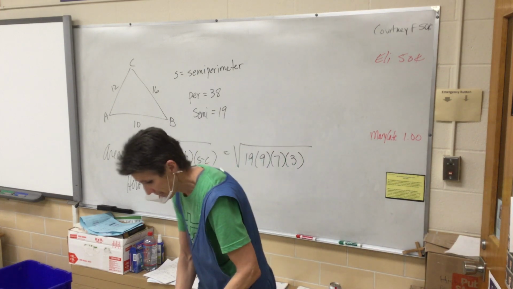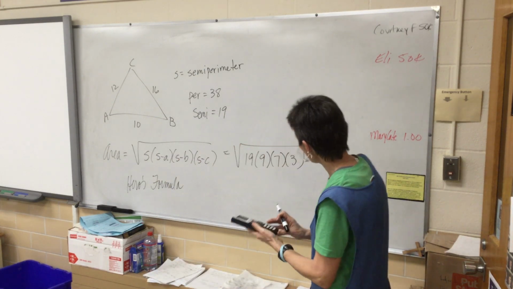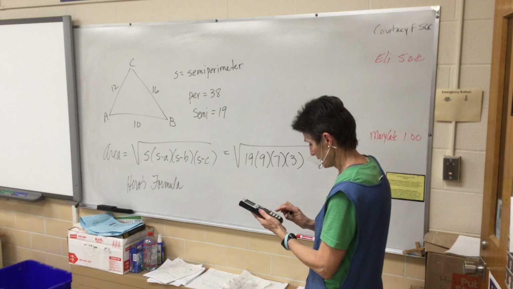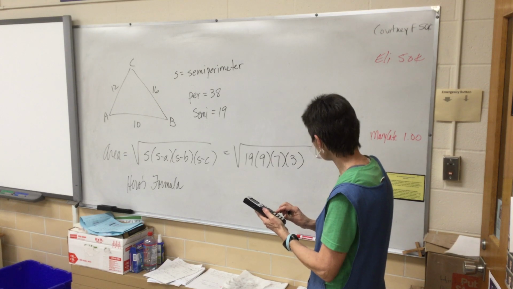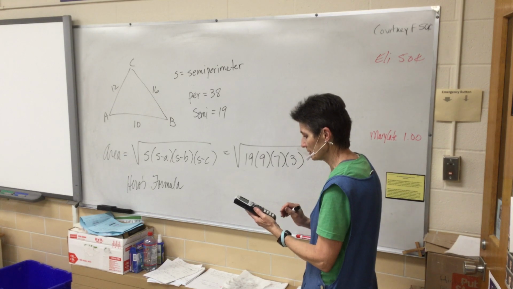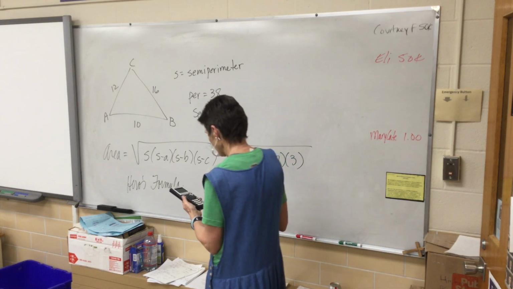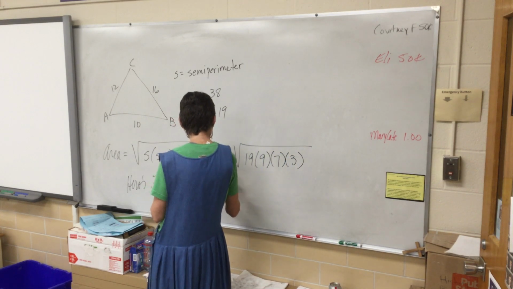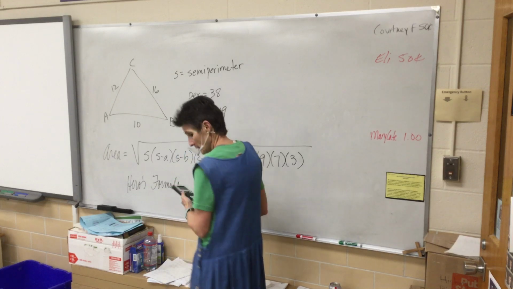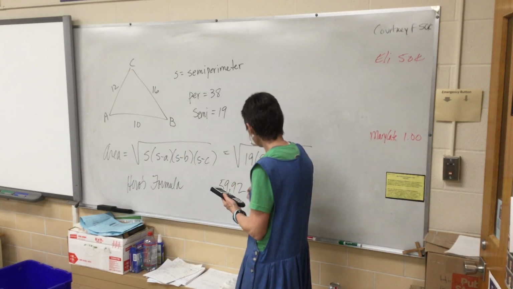And you type it all in, take the square root, and that, my friends, is the area of the triangle. 59.92 square centimeters.